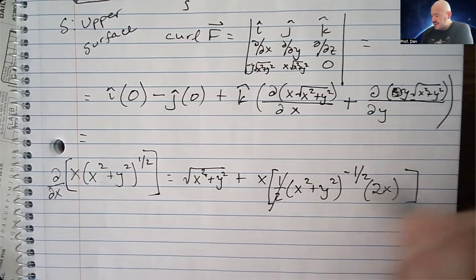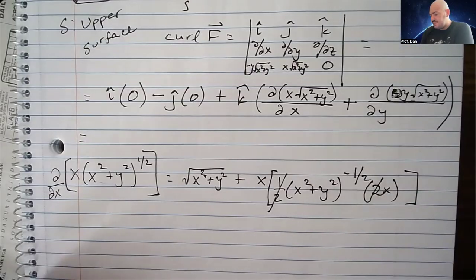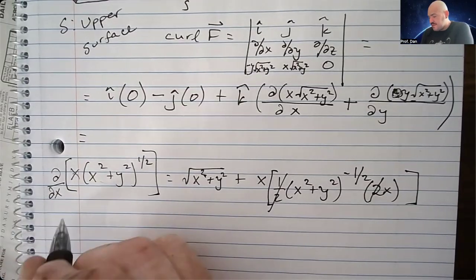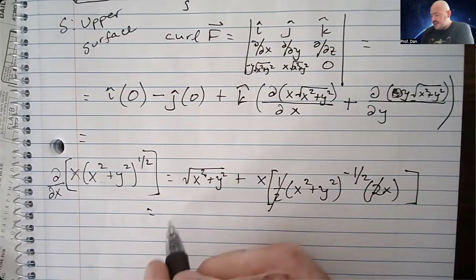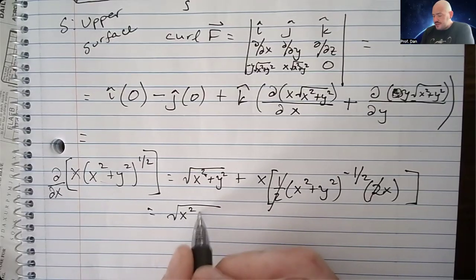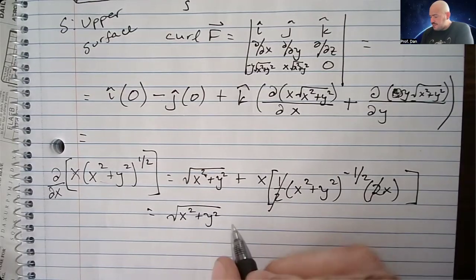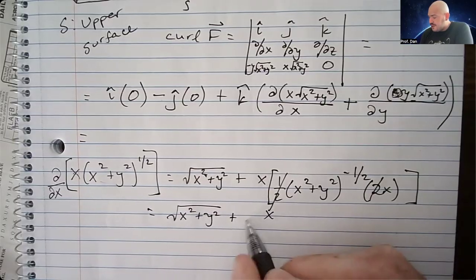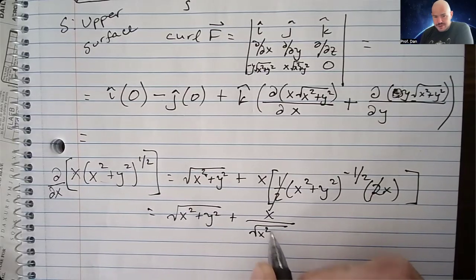The 1/2 times the 2 leaves us with 1 times x. Rewriting that, I get the square root of x squared plus y squared plus x over the square root of x squared plus y squared.